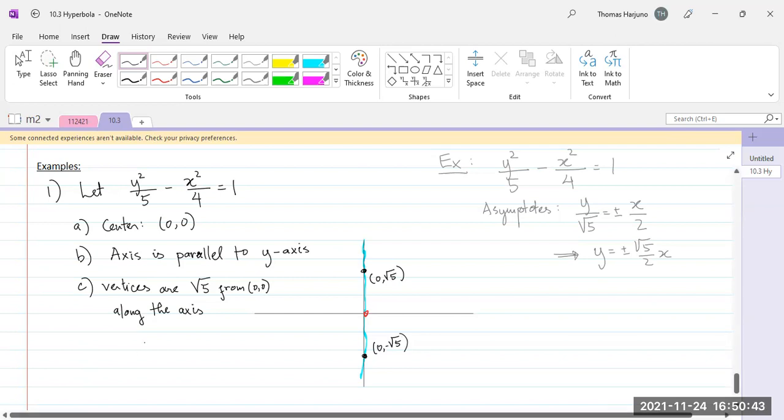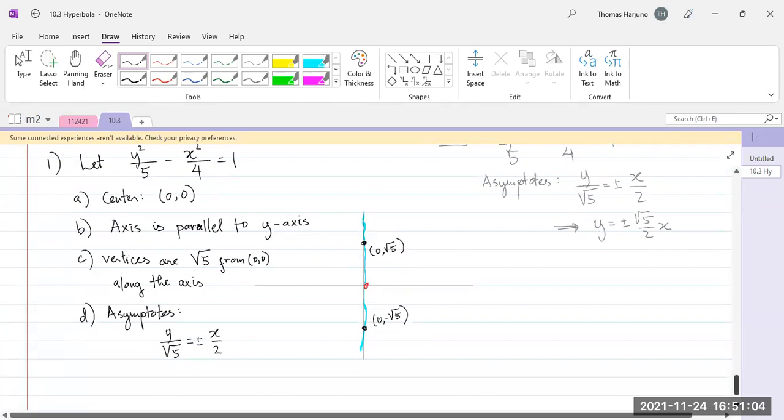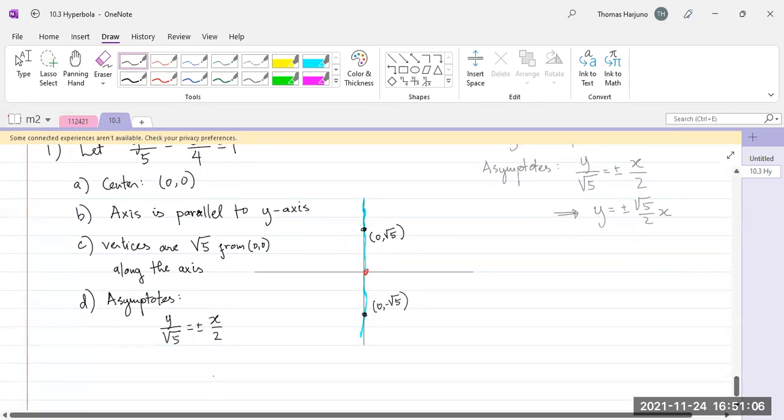Okay, now how about the asymptotes? The asymptotes will be y over radical 5 equals plus or minus x over 2. Of course, we don't really write the equation of asymptotes that way. So we rewrite that to be y equals plus or minus radical 5 over 2 x, that's the slope.